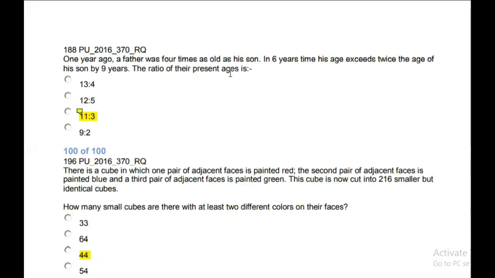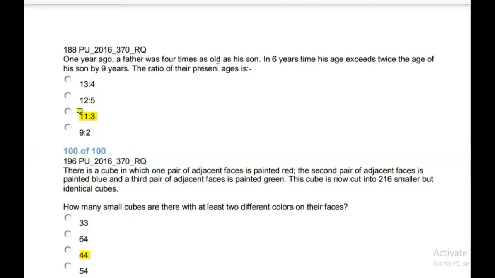The ratio of their present ages. The question is, 1 year ago, a father was 4 times as old as his son. In 6 years time, his age exceeds twice the age of his son by 9 years.